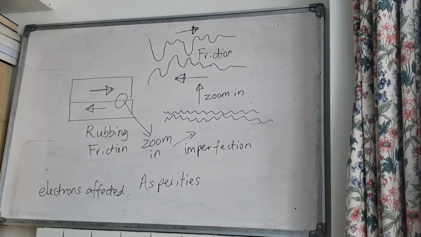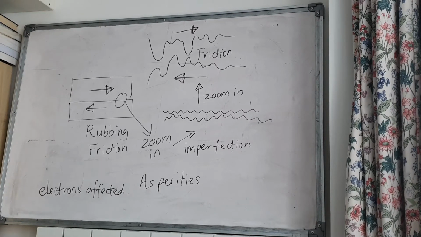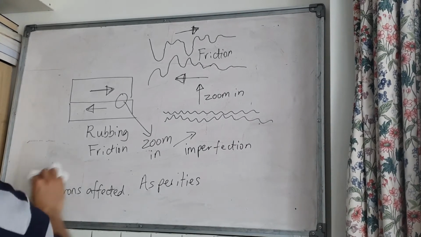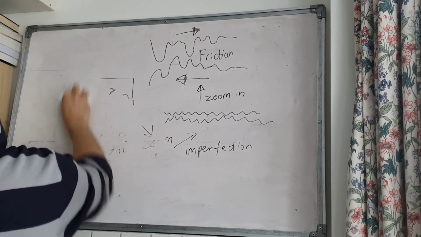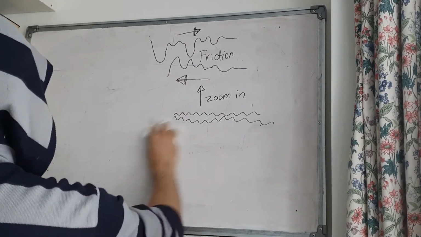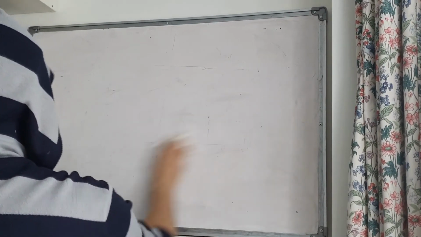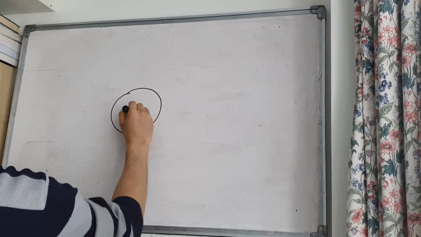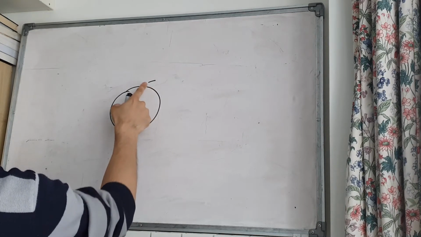Okay, so how are these electrons affected? Now let's just draw the atom and the electrons around the atom. So here's the nucleus, here you've got these electrons.